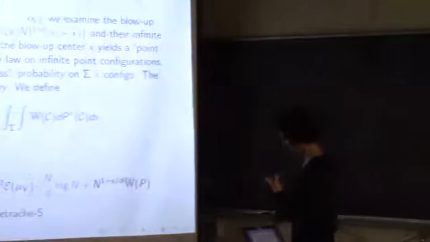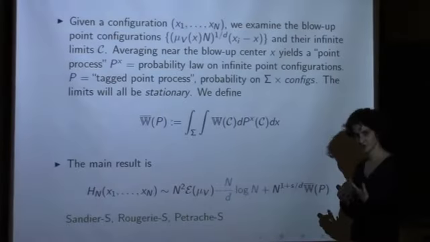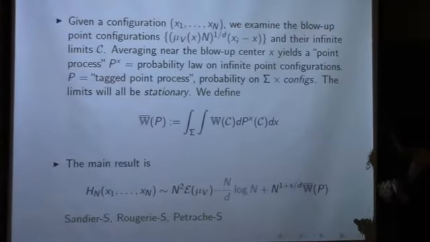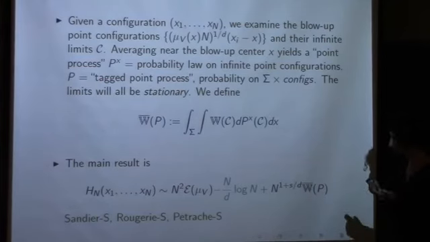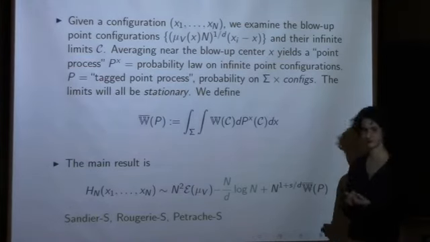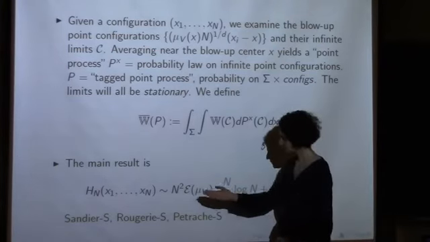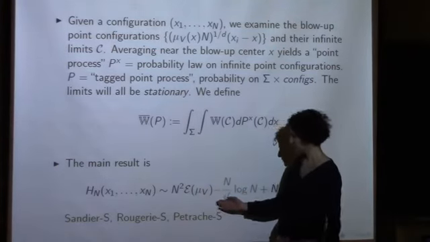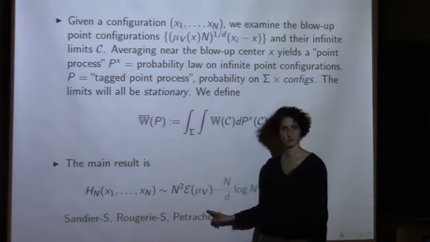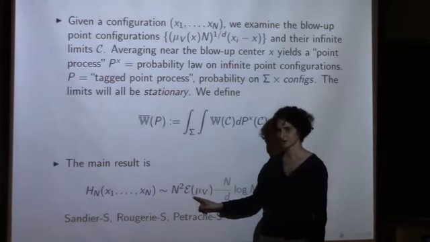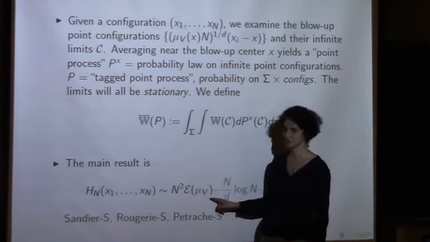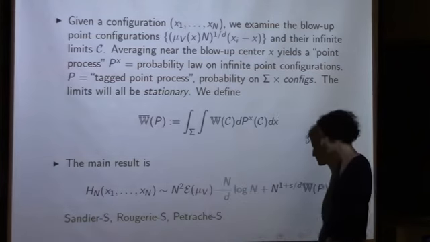And the first main result is we have an expansion of the energy, which is essentially valid for all configurations. So you can apply it to minimizers, but not necessarily. You expand, as you expect, with a leading order term that was known before: n squared times the energy E of its minimum, the equilibrium measure.